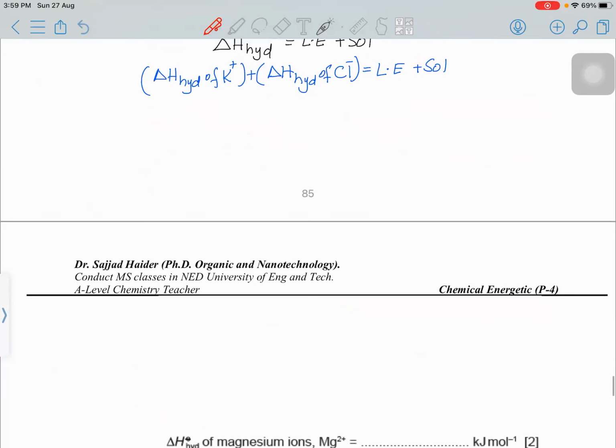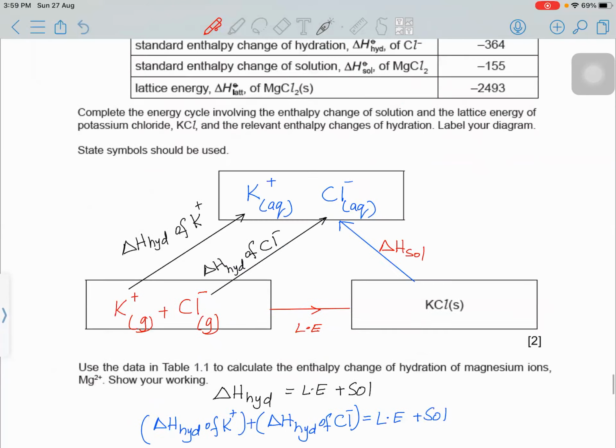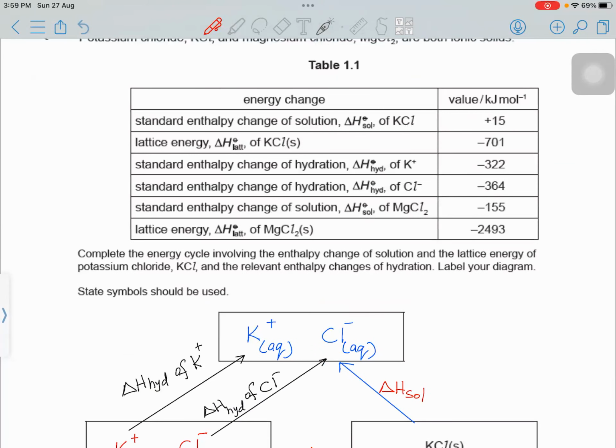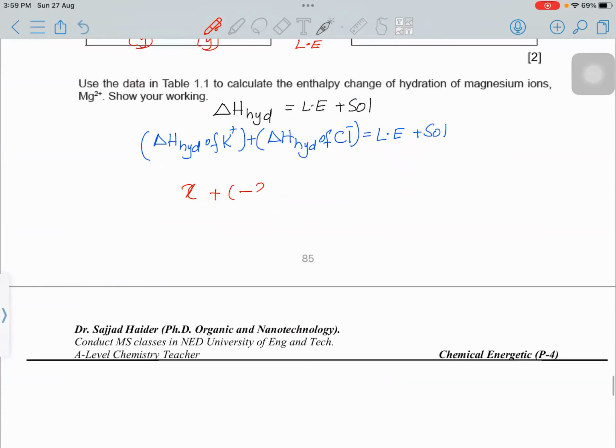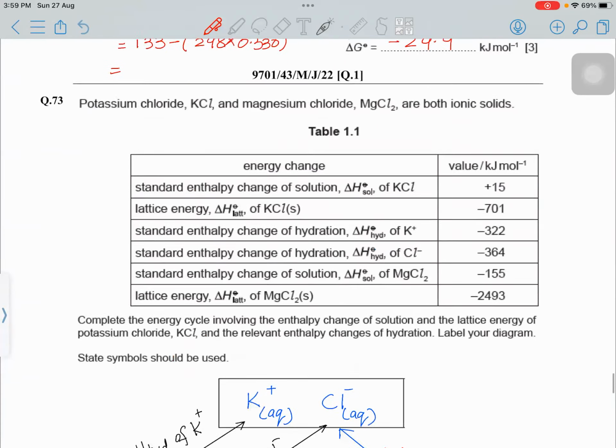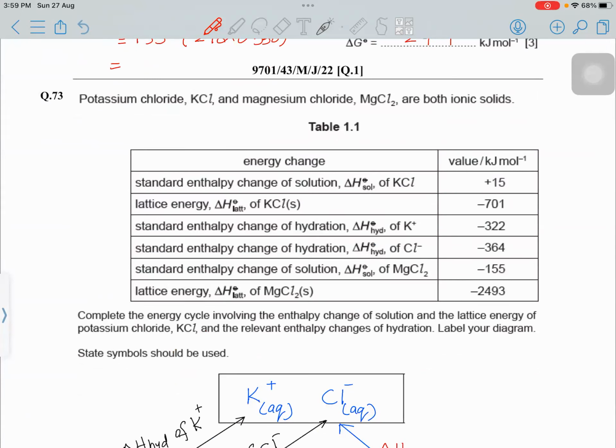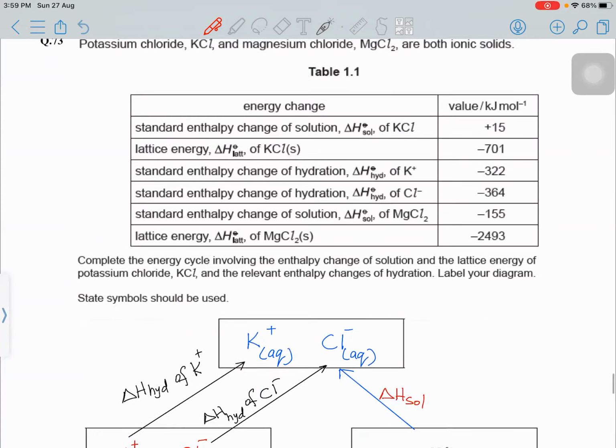Yes, hydration energy of potassium is required. Hydration of chlorine is minus 364. Lattice energy is minus 701.